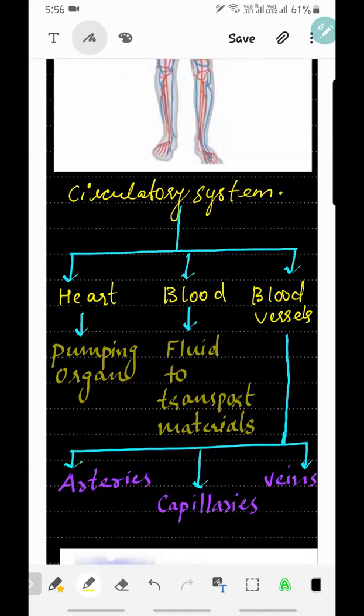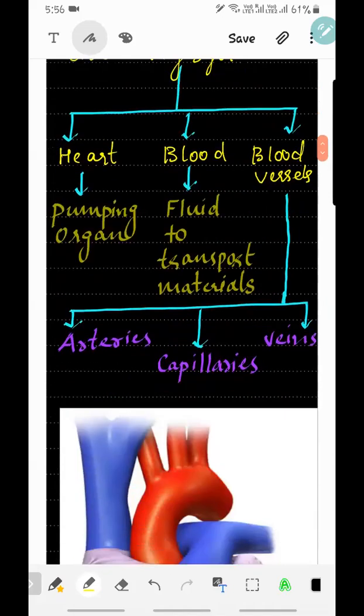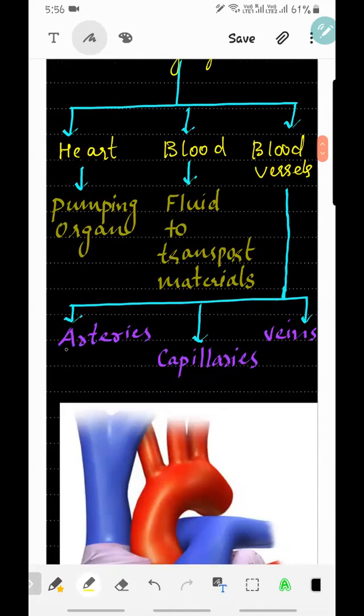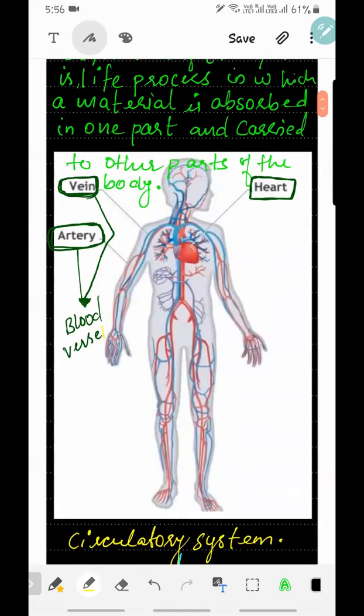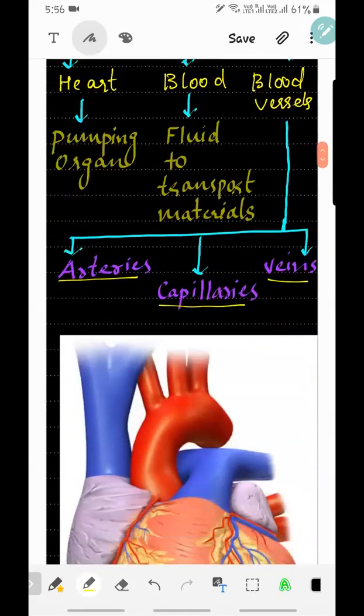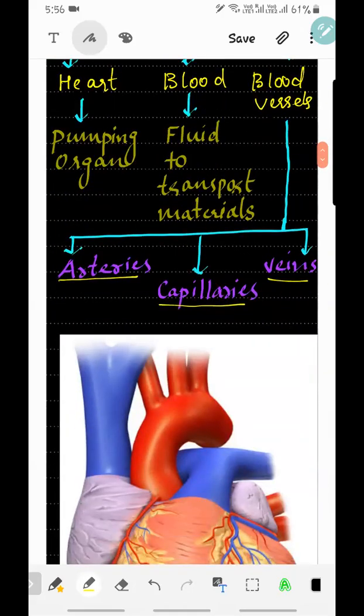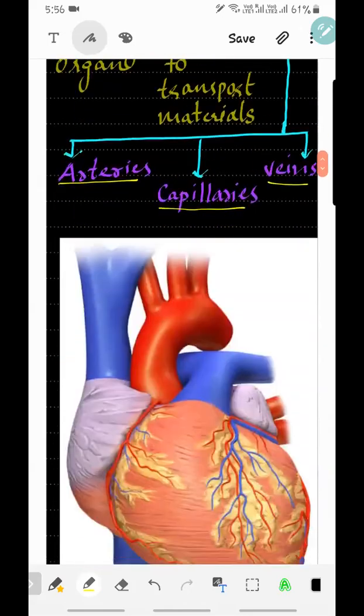Blood is a fluid to transport the materials. And there are blood vessels: artery, capillary and vein. Here in the diagram we can see a vein and arteries, but we'll see how capillaries look. Okay, so first we'll see the structure of the heart.